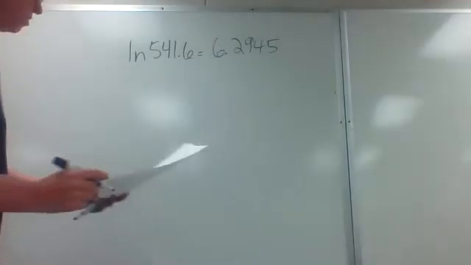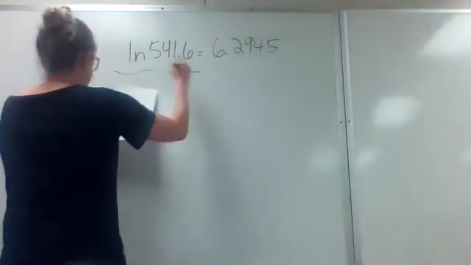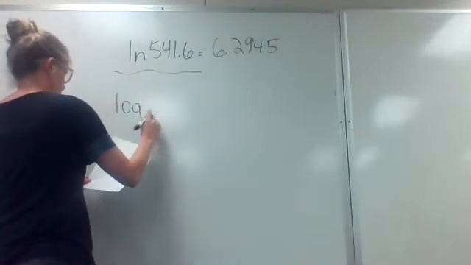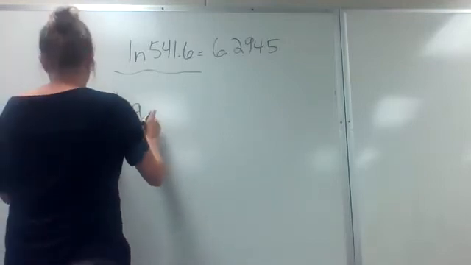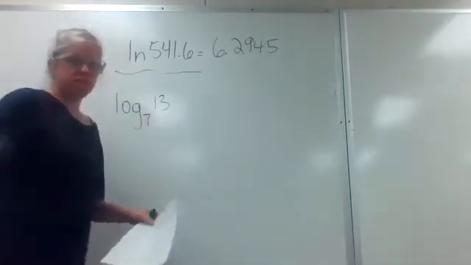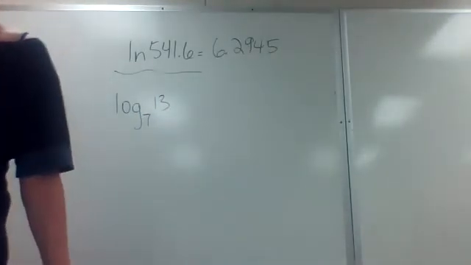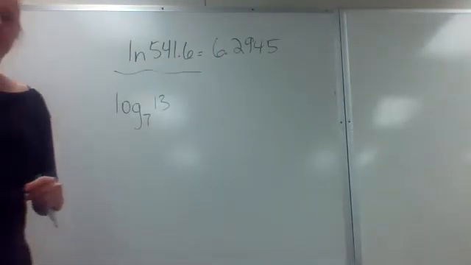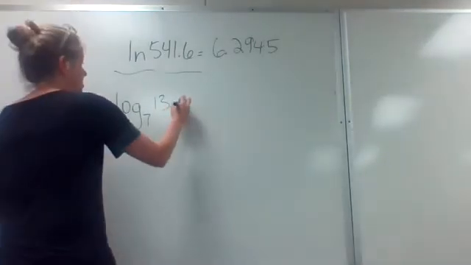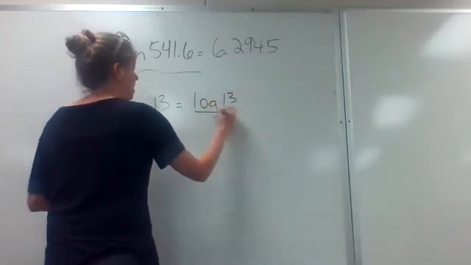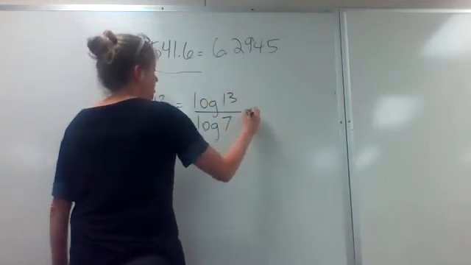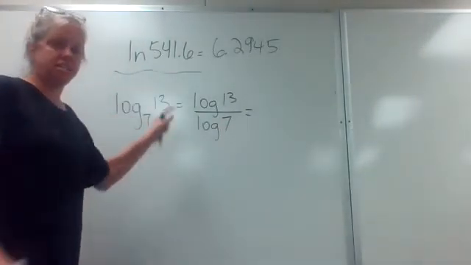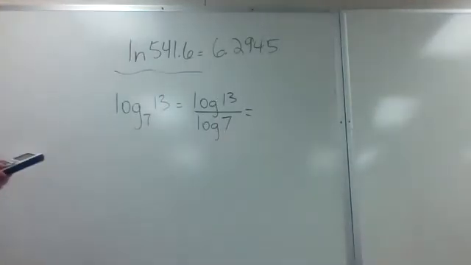Number 15 says, find the logarithm using the change of base formula. Log base 7 of 13. Now you can go in your math button, go down to log base and just type this in. Okay, the change of base formula says I can rewrite this as log of 13 divided by log of 7, to get the same thing I would get if I typed in log base 7 of 13.